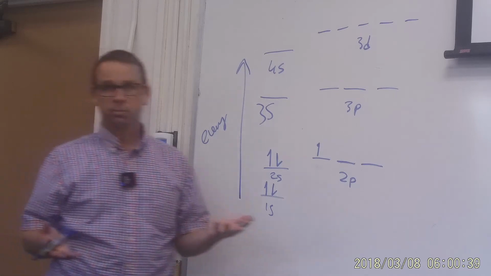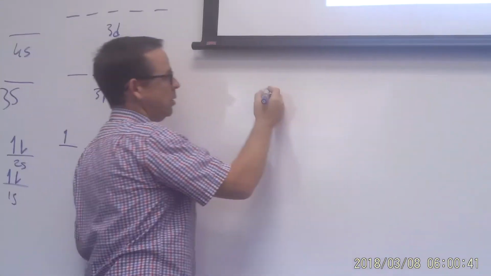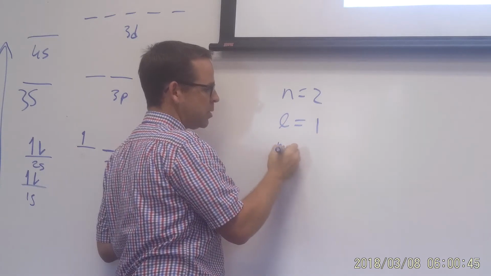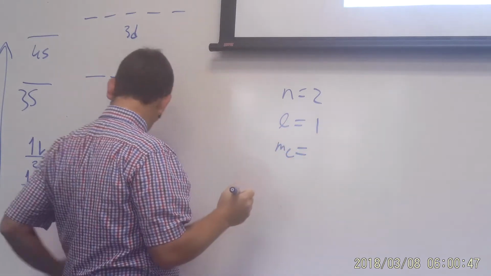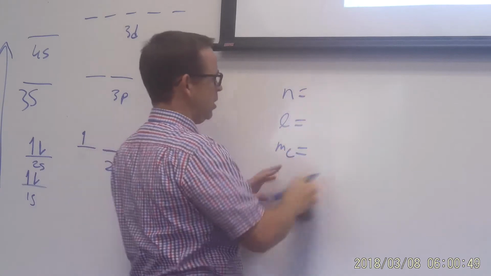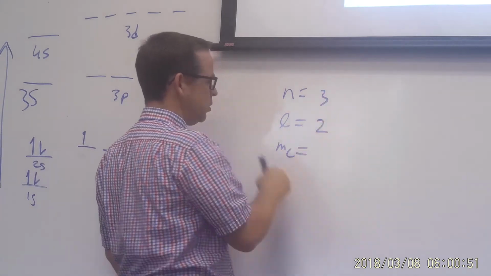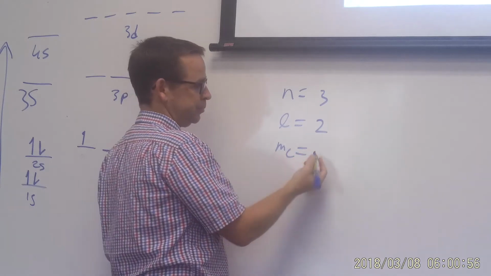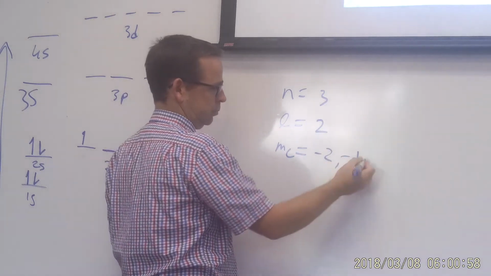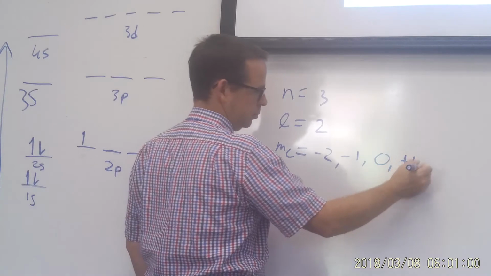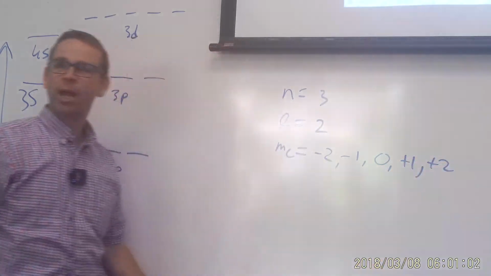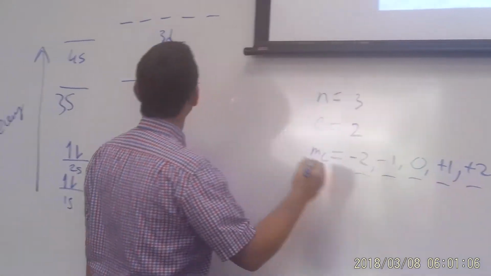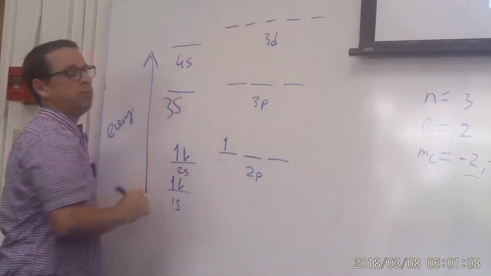Another way to think about it is, if n equals 3 and L equals 2, m sub L can equal what? Negative 2, negative 1, 0, positive 1 and positive 2, which is 1, 2, 3, 4, 5. So that's what these 5 are.